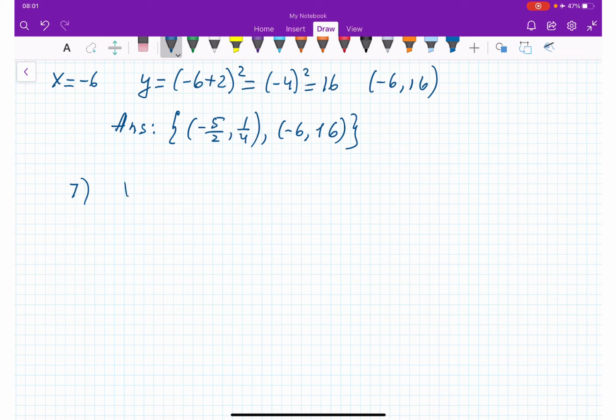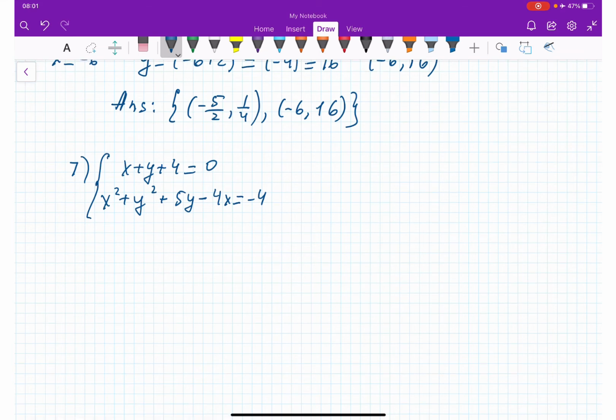x plus y plus 4 equals 0. x squared plus y squared plus 5y minus 4x is equal to negative 4. Okay, so this is going to be fun. So what do we have here? x and y.